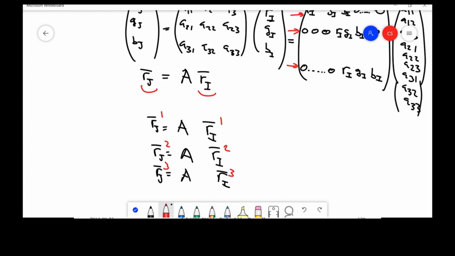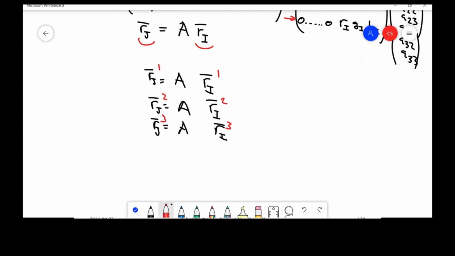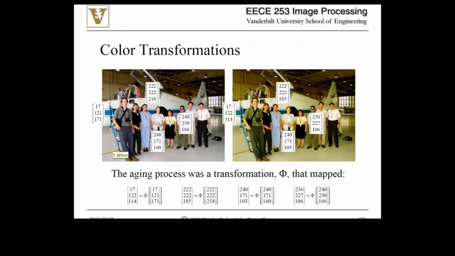Okay, good. What if I give you 4 values? It is not that easy. In our slide, we have 4 pairs. 1, 2, 3, 4 pairs.